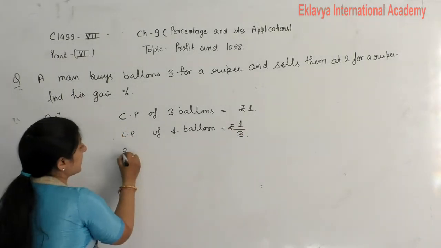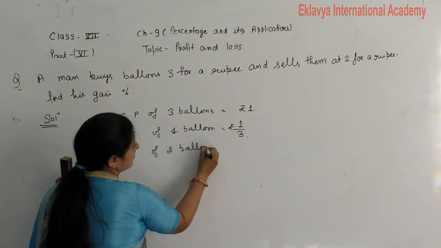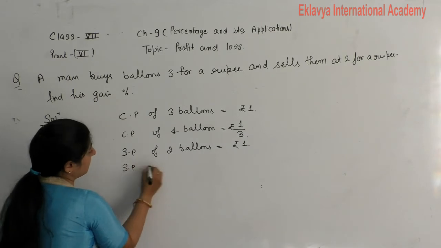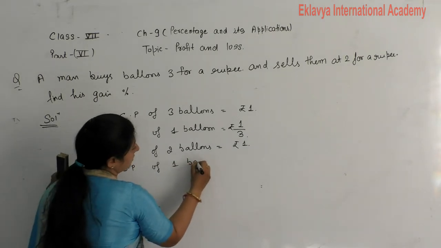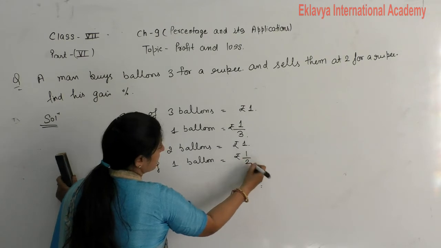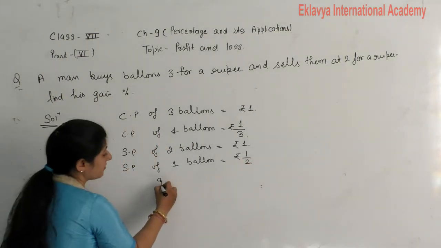Now see, selling price of 2 balloons is equal to rupees 1. It means selling price of 1 balloon is equal to rupees 1 upon 2. So gain is what?